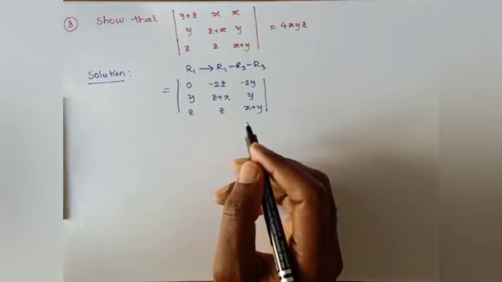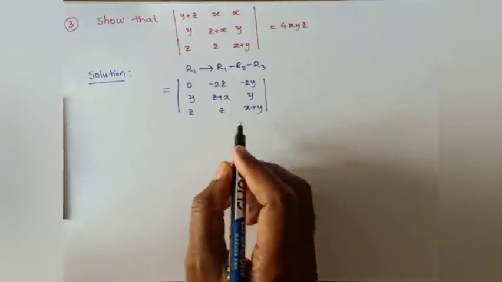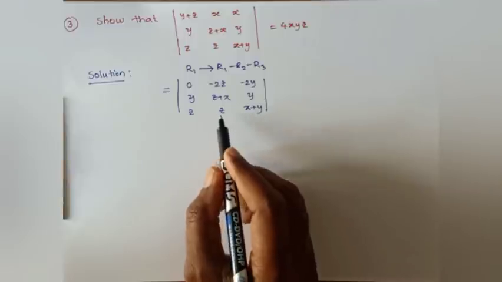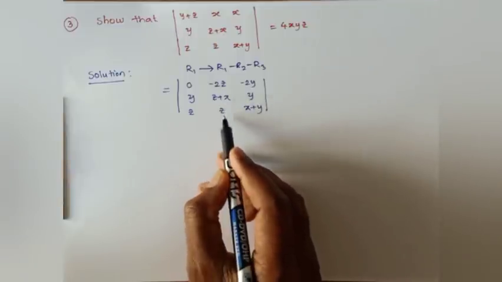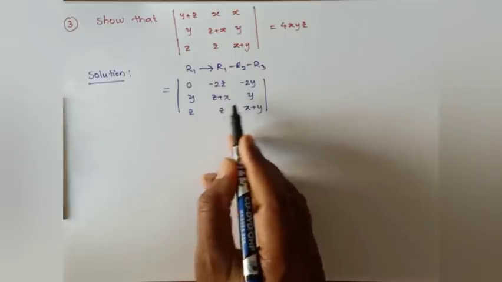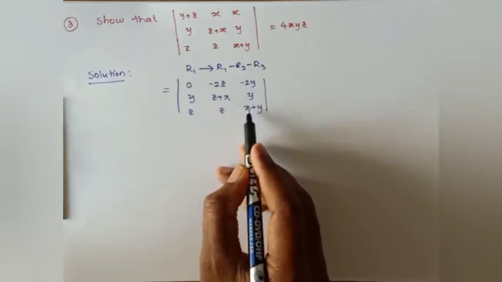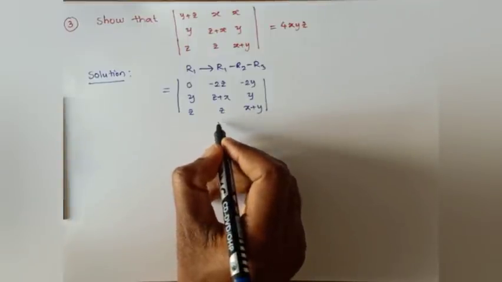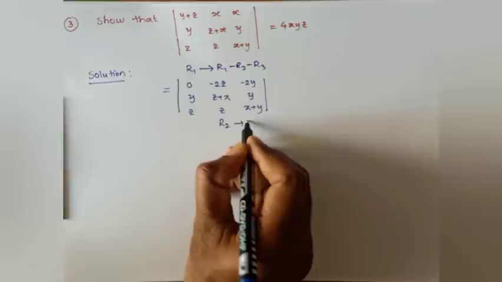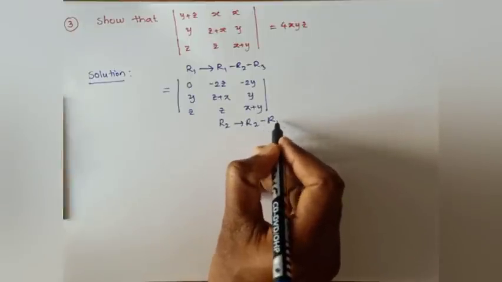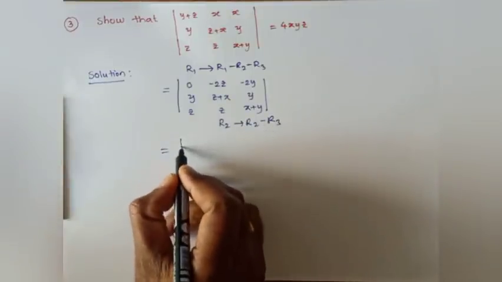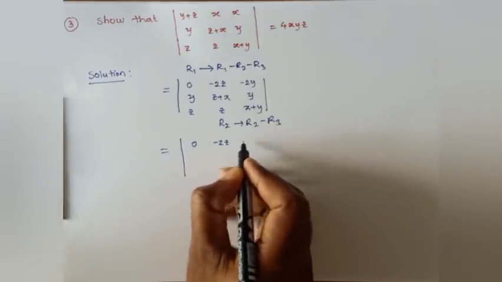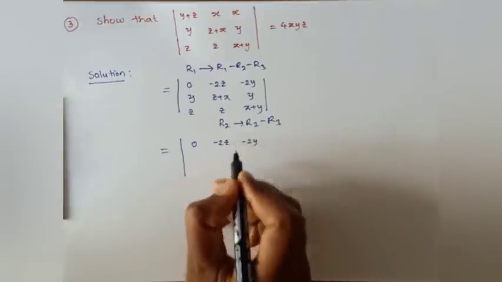Now here, observe the things. What you have to do is, here z plus x and z may cancel, r2 minus r3. Here also y minus x minus y, y gets cancelled. So on applying the row operation r2 minus r3, then what happens? The first row is 0, minus 2z, minus 2y, no change in the first row.